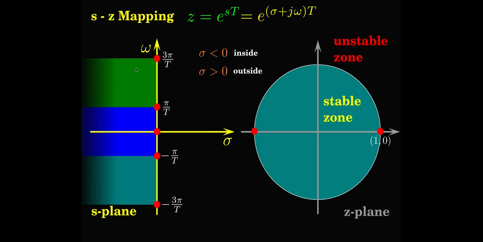So every 2 pi by t region will map to a unit circle disk area. And remember that all the values within the unit circle map to the left of the S-plane, and therefore the pole values within the unit circle indicate stable zone, and all pole values outside the unit circle indicate unstable zone.